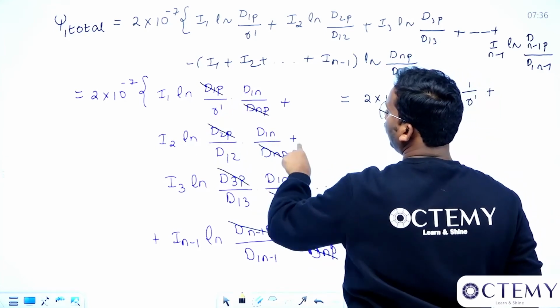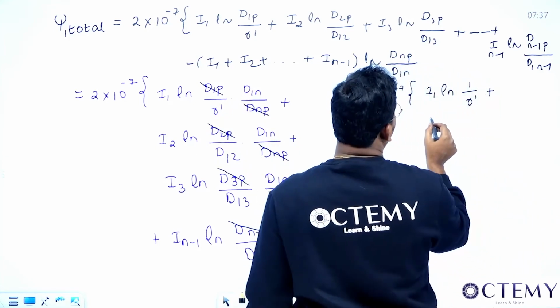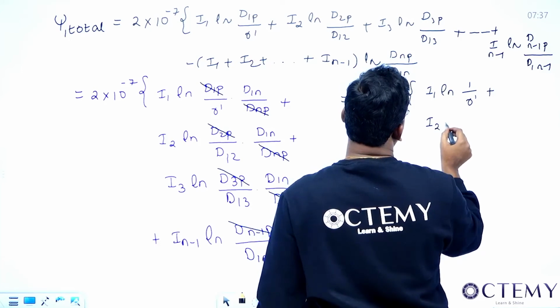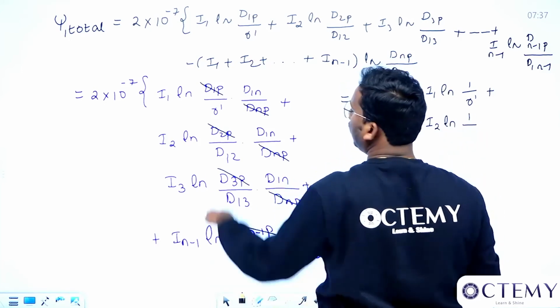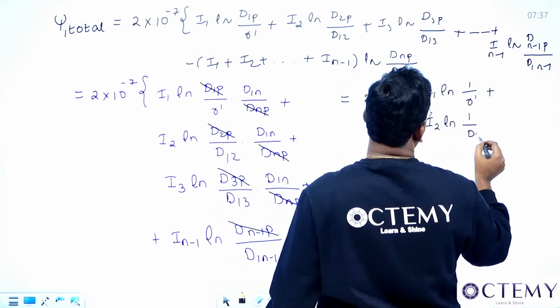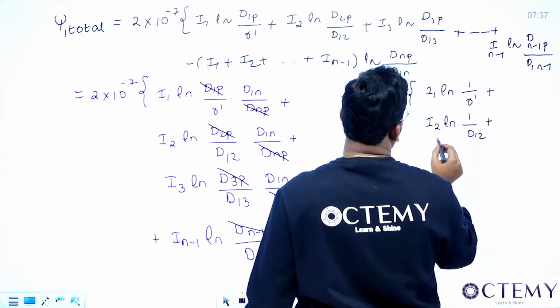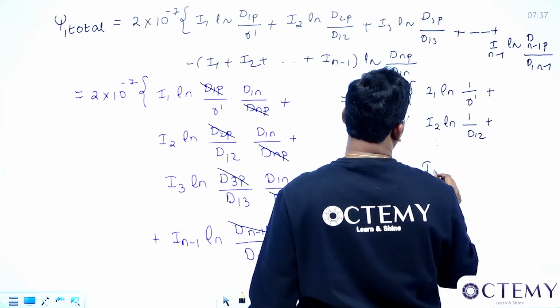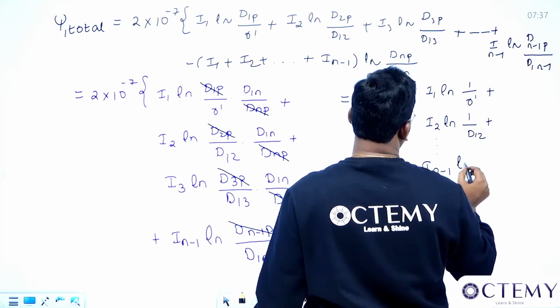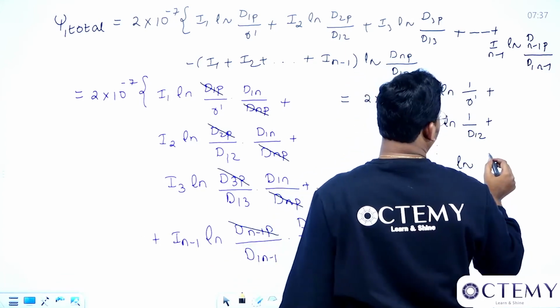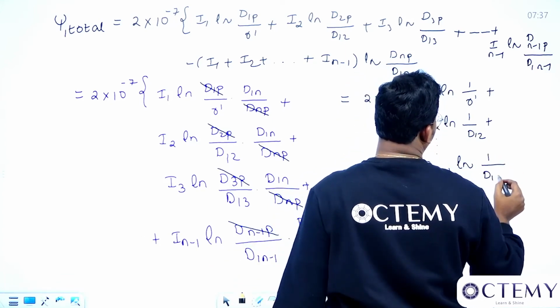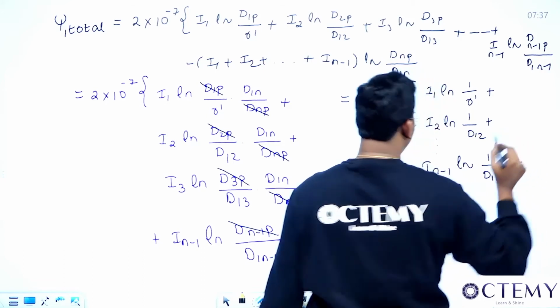Here also I2 ln d1n. That will be, let me write that in the last. So the second term will be I2 ln 1 by, write only the denominator, d12, plus and so on, I(n minus 1) ln, only the denominator will come, so 1 by d1(n minus 1), plus.